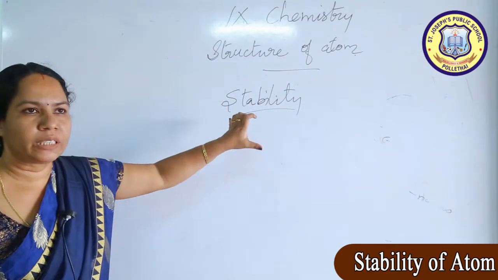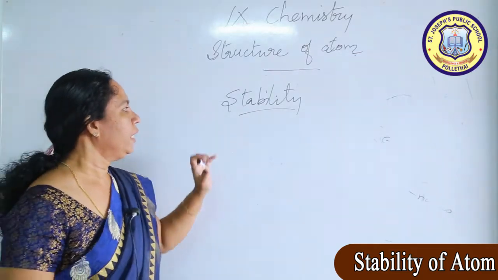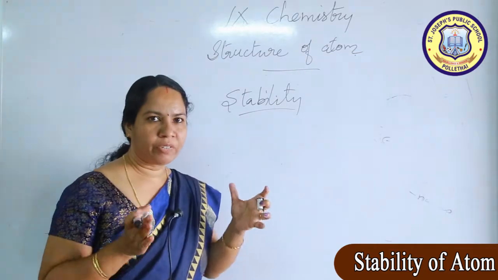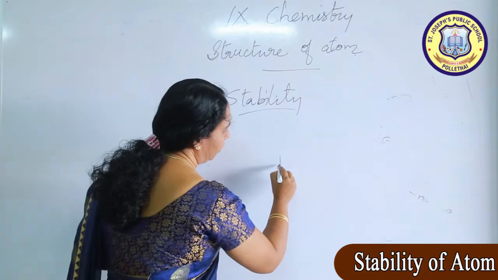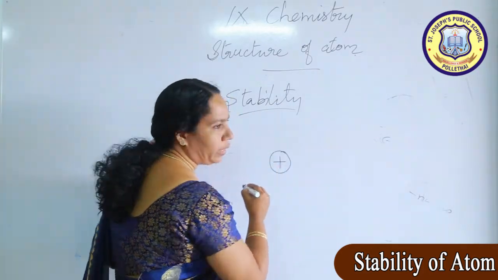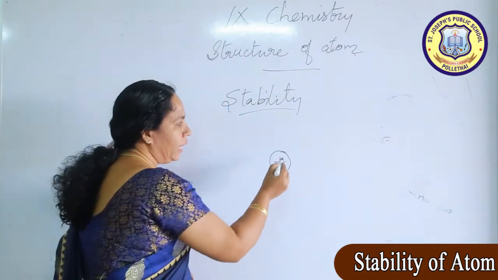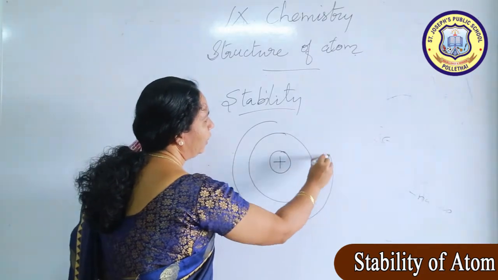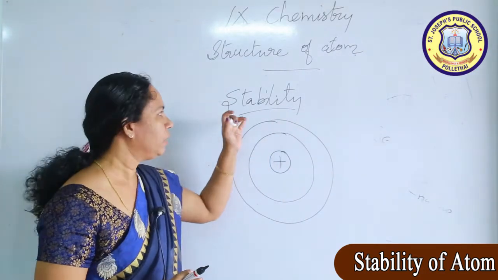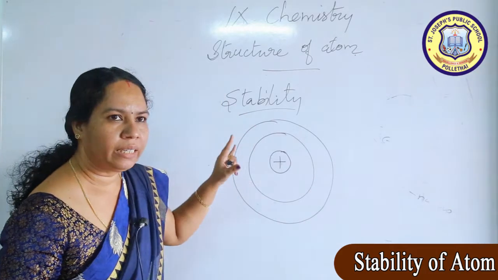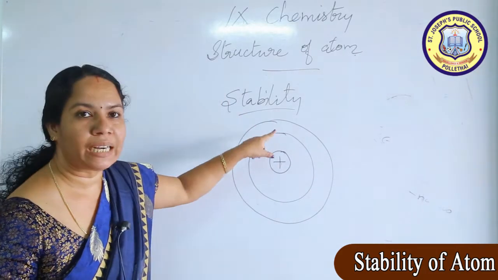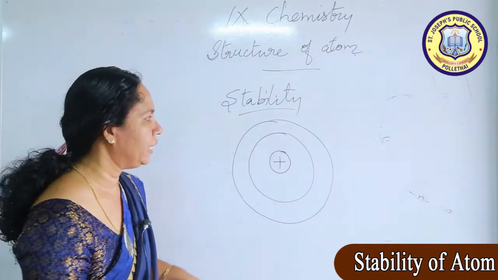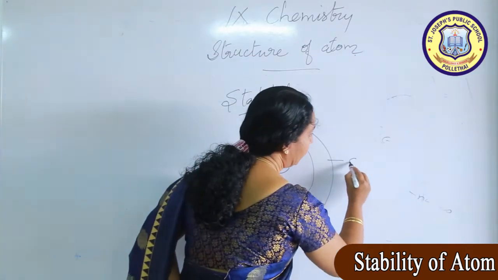He said that, as Rutherford said, the atom has a center nucleus and electrons are revolving around the nucleus. That is the same for Niels Bohr also, but he said electrons are revolving around the nucleus in discrete paths.